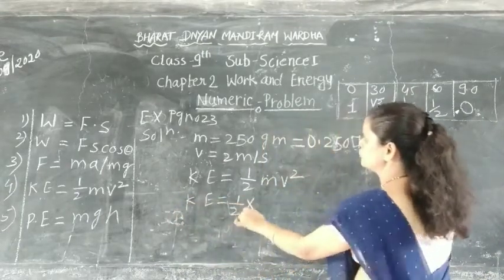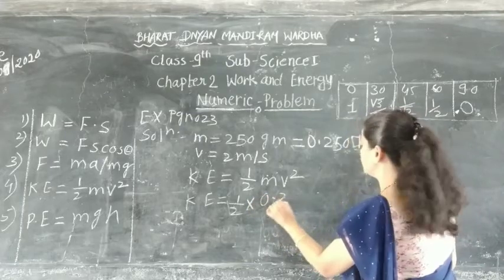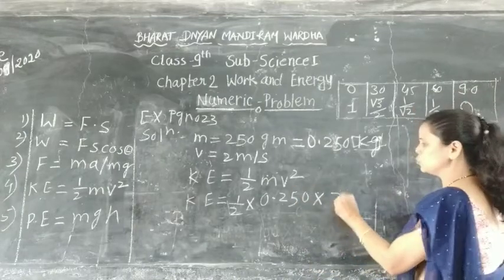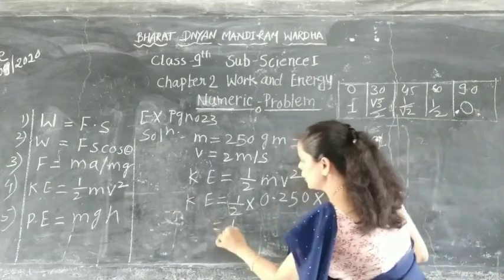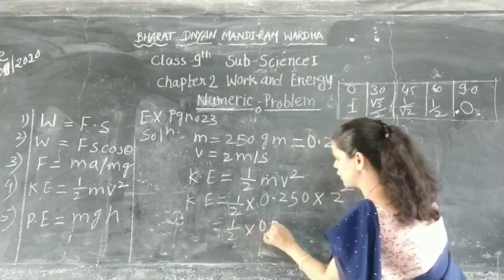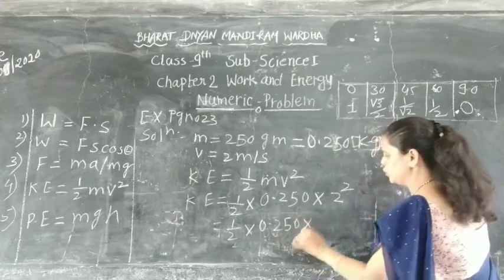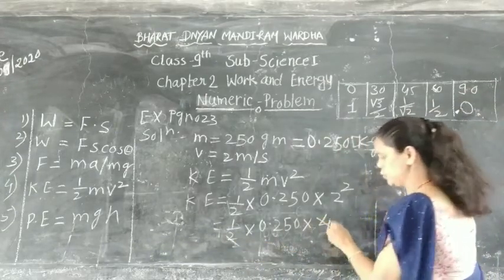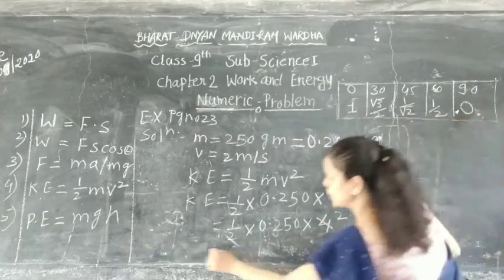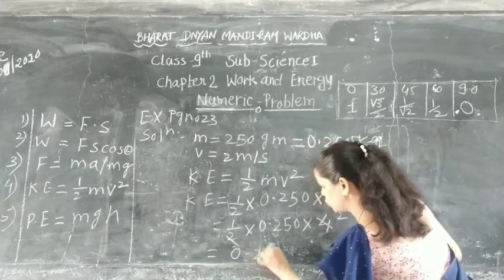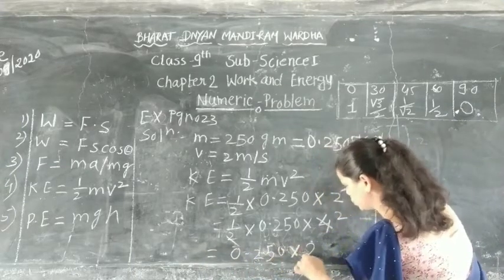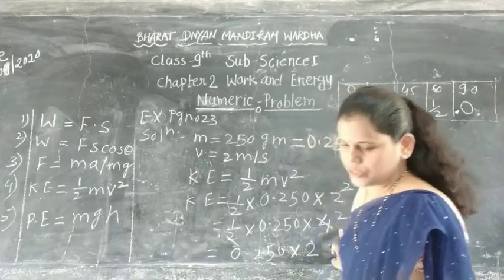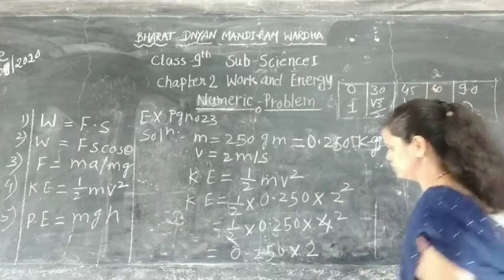Half, the value of M is 0.250, into the value of V, that is 2 square. Then solve: 1/2 into 0.250 into 2 raised to the power 2, which equals 4. 2 twos are 4. So your answer is 0.250 into 2. Clear? And the answer is 0.5.